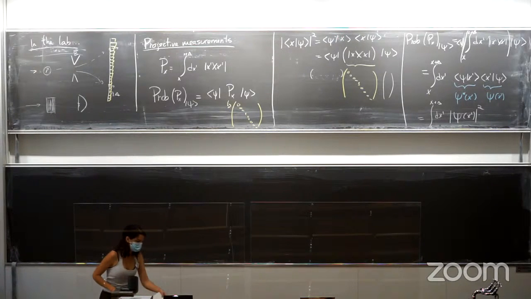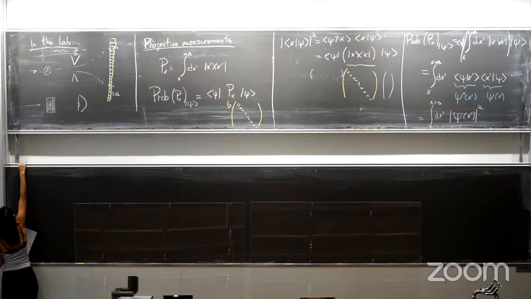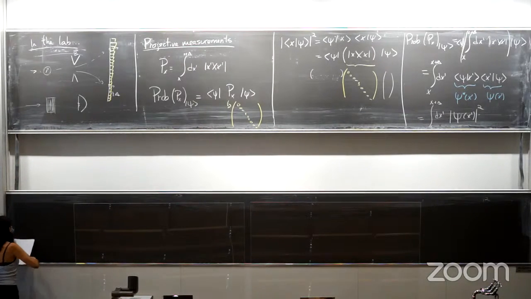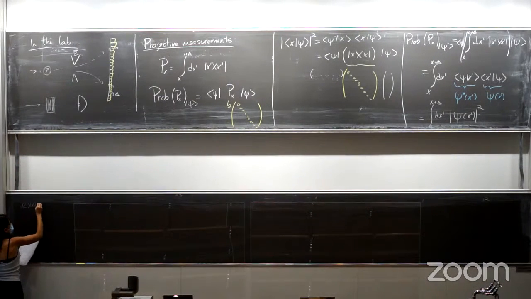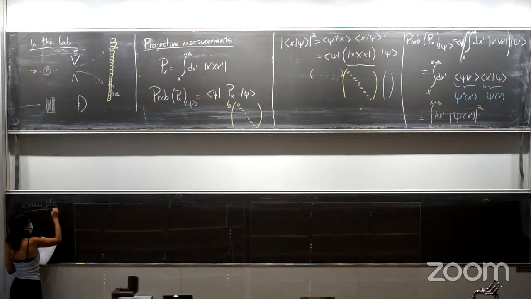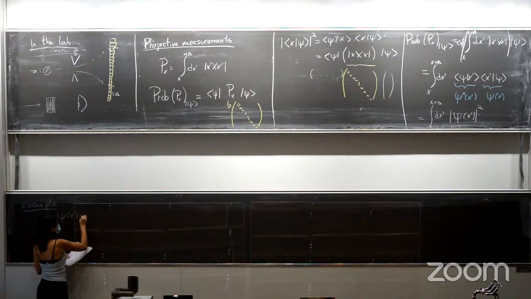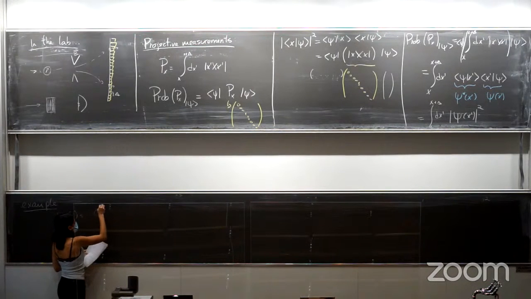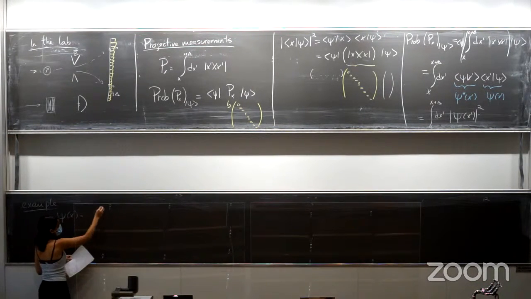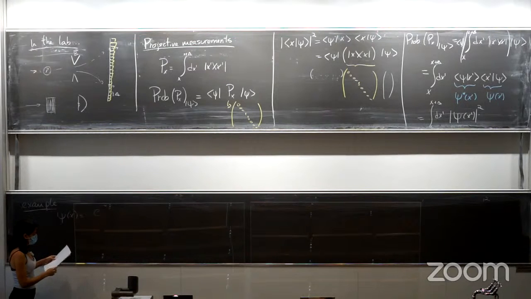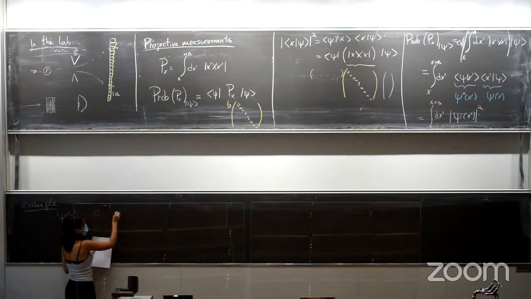But where's my example? So suppose that p of x is a function that has some kind of dependence on x that is Gaussian, and we'll look at details later.